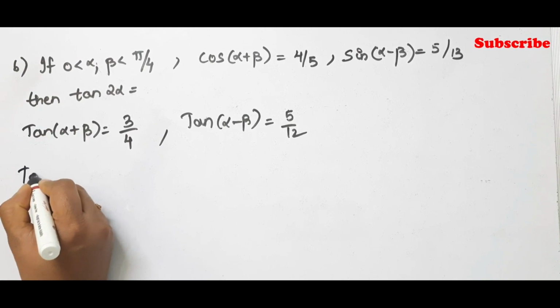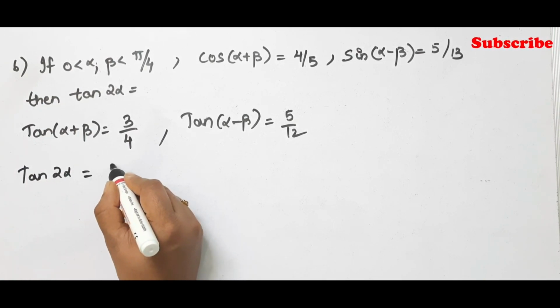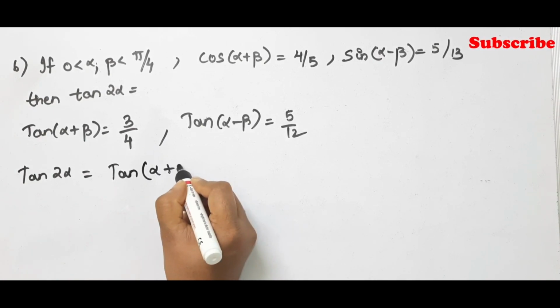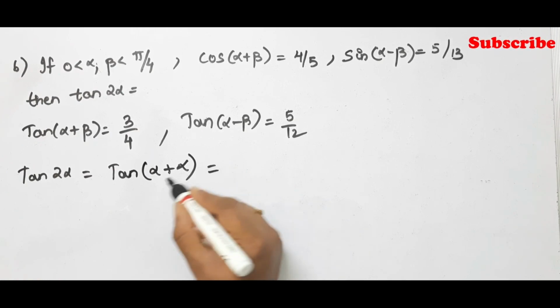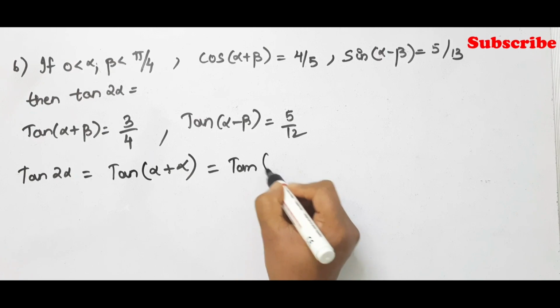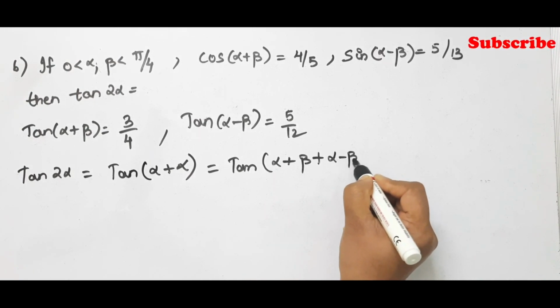So we need the tan 2 alpha value. Tan 2 alpha can be written as tan of alpha plus alpha. Now add and subtract beta here. So this becomes tan of alpha plus beta plus alpha minus beta.